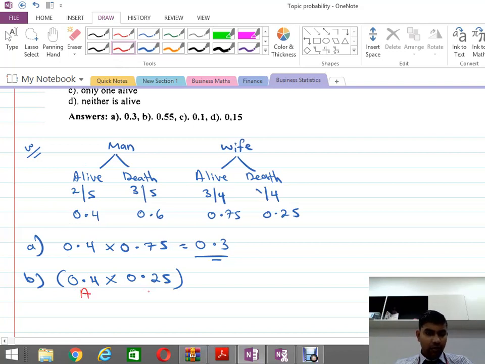Then you continue, plus man dead, wife alive. So what happens here is man alive, wife dead, plus man dead, wife alive. So what will be the answer? That will give you 0.55.